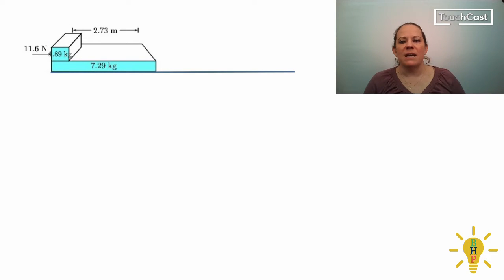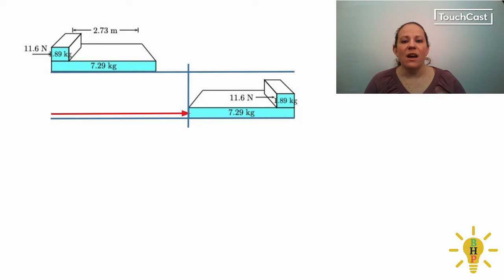So what we can do is start with our initial position, and then our final position, we can see that our second block is going to have some displacement from the start. So I can note the left end of the large block is going to be important, but then also the right end of my large block is also going to be important.